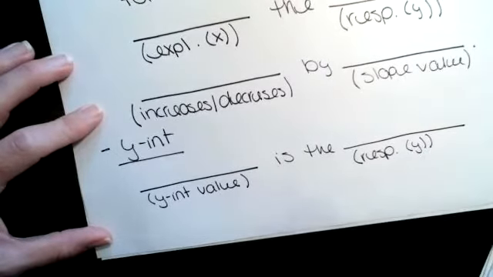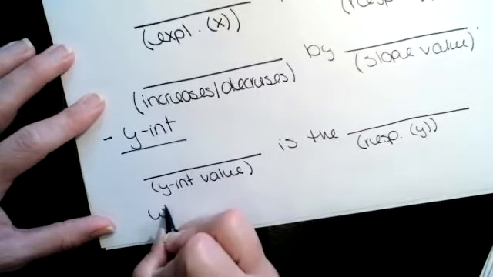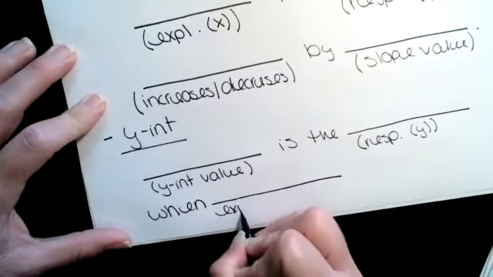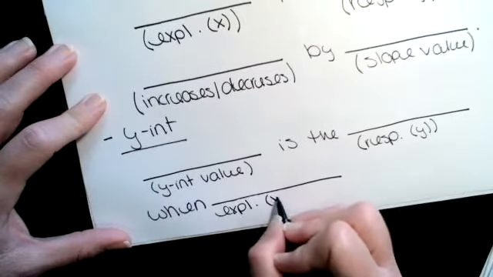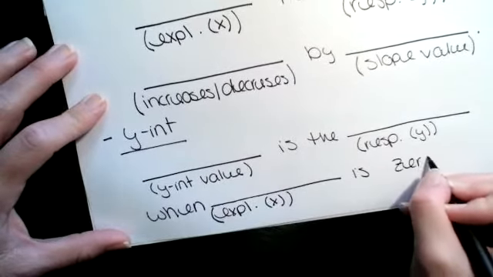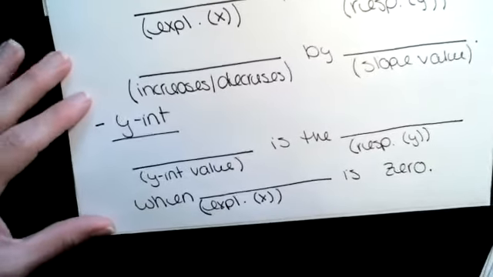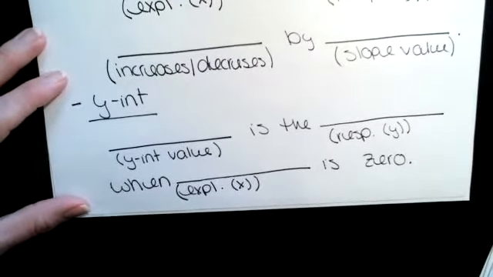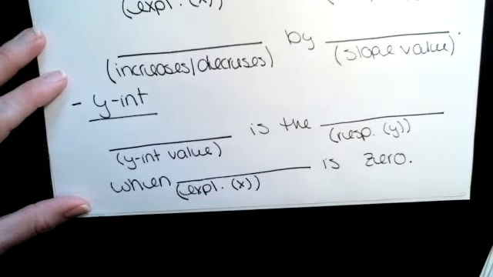That's my y, when my explanatory or my x variable is 0. It's just writing it out into words. I know in algebra we've done this before. X equals 0, y equals 5, right? Or whatever my y-intercept ends up being. This is just putting it into words.